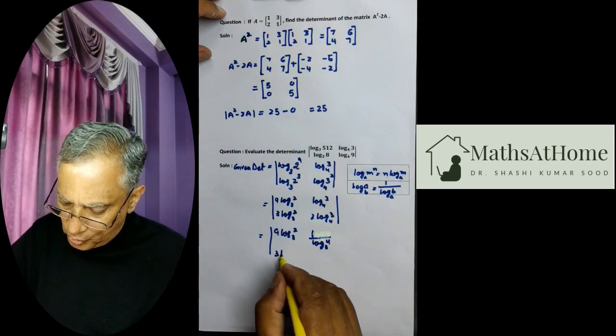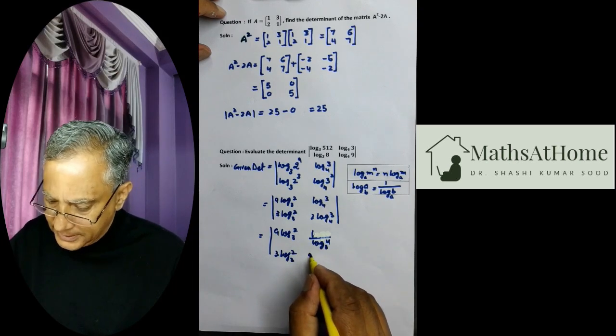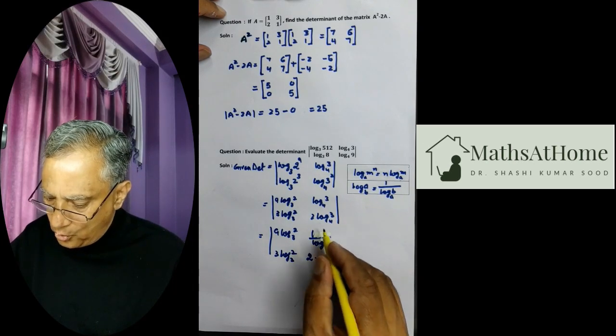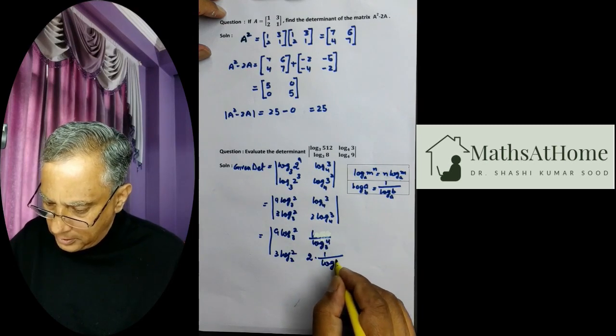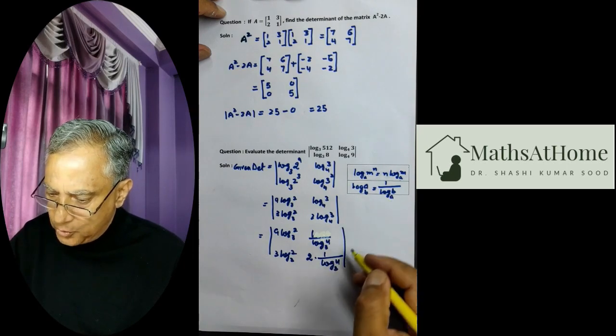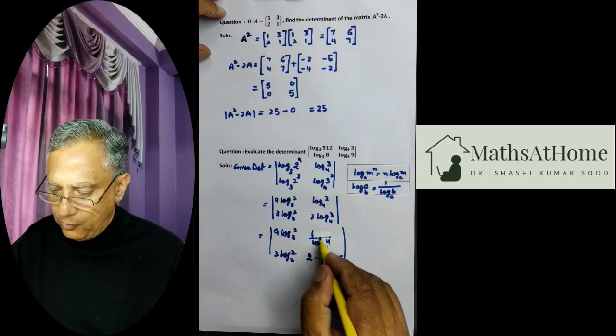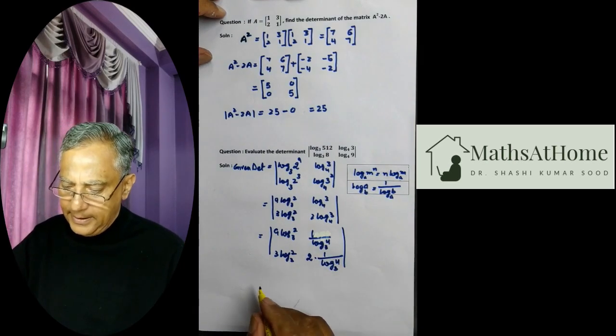This is 3 log 2 to the base 3, and this can again be written as 2 into 1 upon log 4 to the base 3 using this formula. We have used this formula here and here.